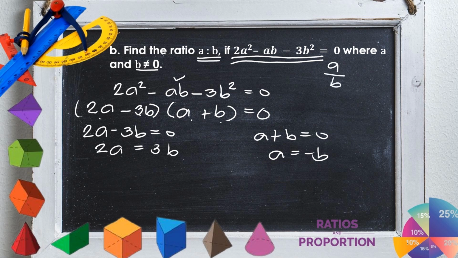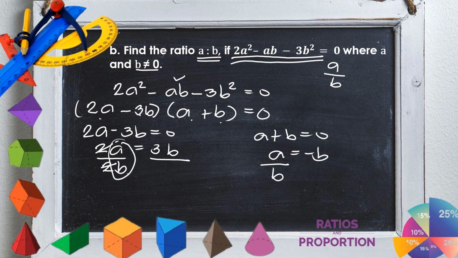So, what do we need here for this to become a over b? We need to divide by 2b, so that we can cancel 2 and what will retain is a over b. So you have to divide it so that what is left on this part is a over b. It has a 2, so we divide by 2. Then, we divide by b. Unlike the other side, there is no number with it, so we just divide by b.